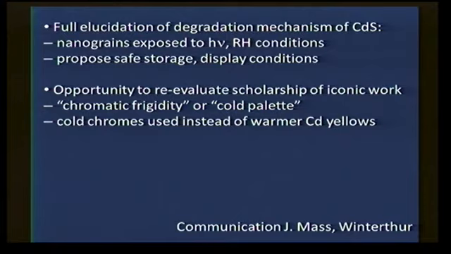One conclusion was that the master was using cold chrome pigments instead of cadmium yellows. So there was a misinterpretation here. The understanding was that cadmium yellow was not used anymore, and that the master was using different yellow pigments. It turns out that this conclusion was wrong.